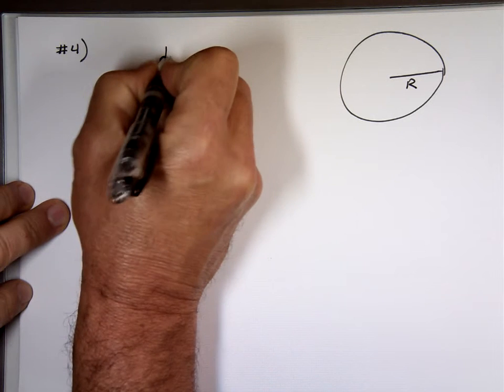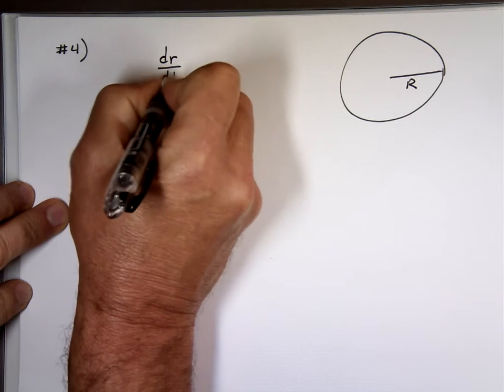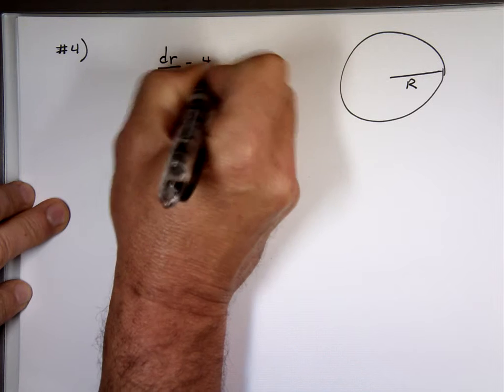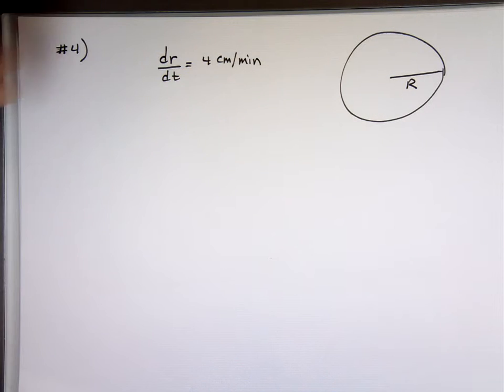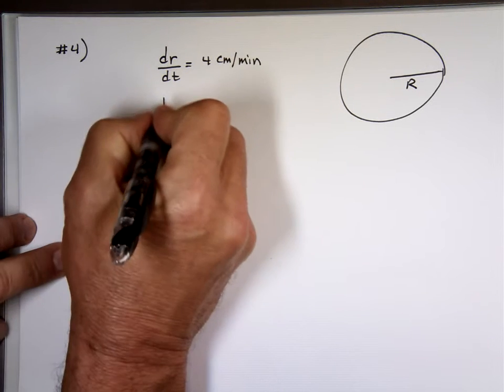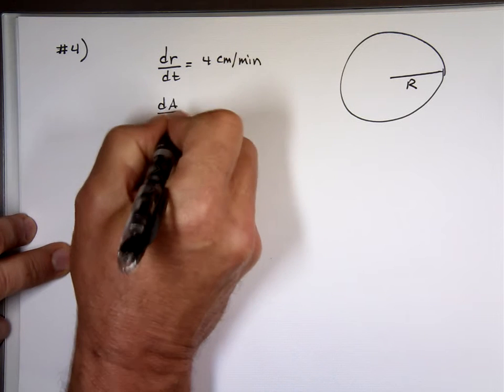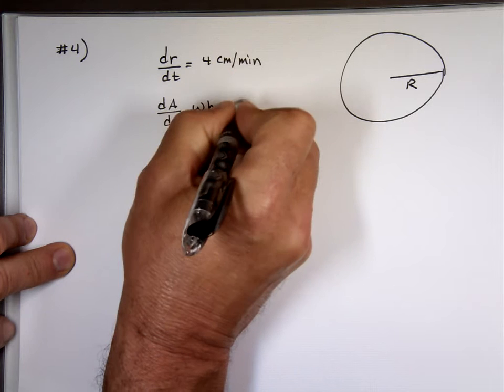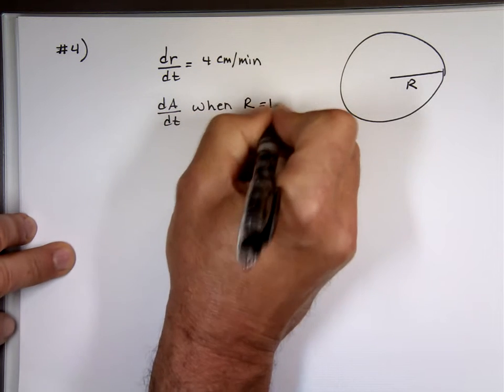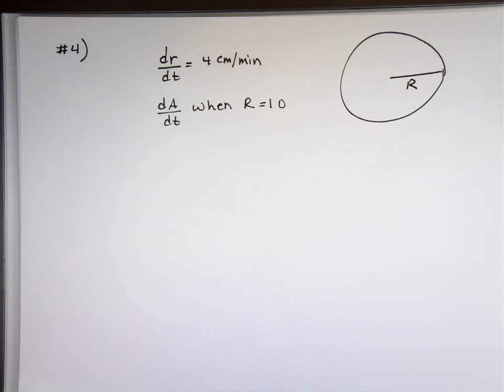That's dr dt. 4 centimeters per minute. Increasing, that's a plus. Find the rate of change in the area. What's dA dt when r equals what? Part A when r equals 10, the other one when r equals 30. I'll just do one of them. It's the same thing.